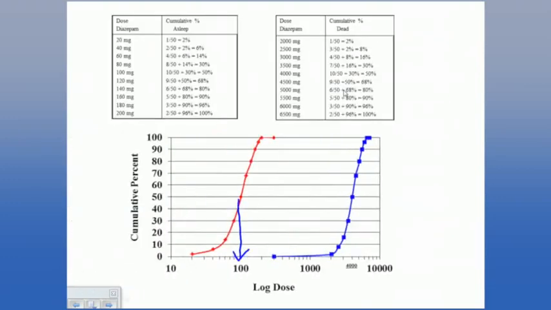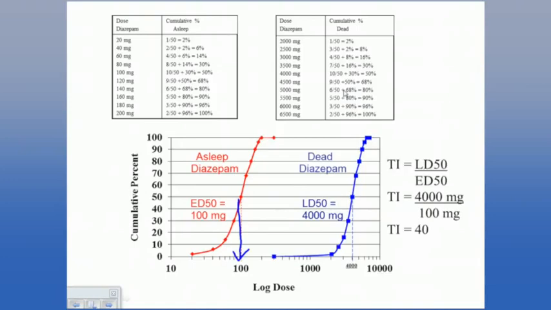And this is very important to us because from it we're able to look at the EC50 for diazepam shown in red and the lethal dose at which 50% of the animals were dead shown in blue. And this is referred to as the LD50.